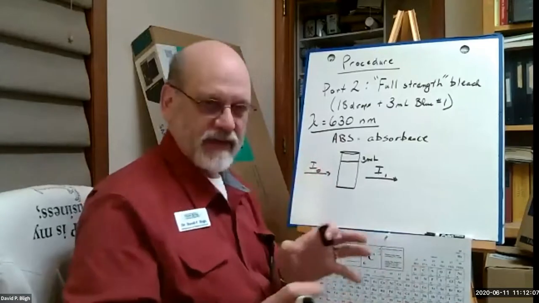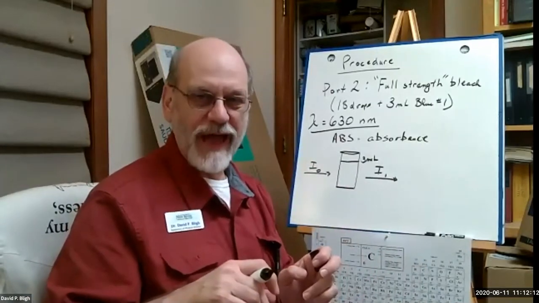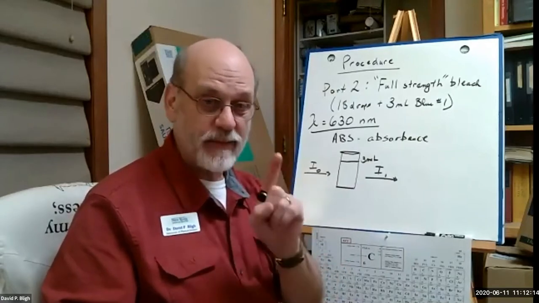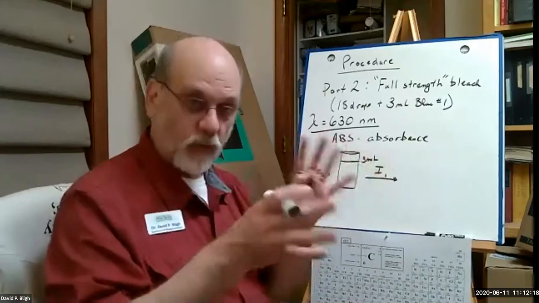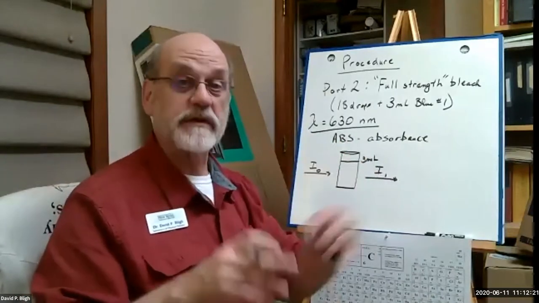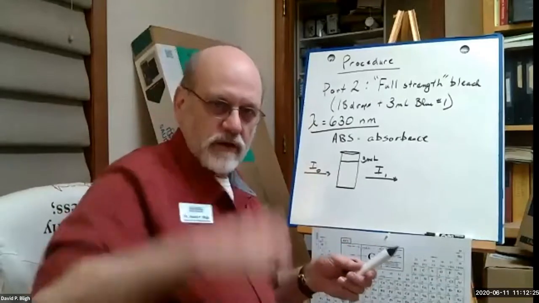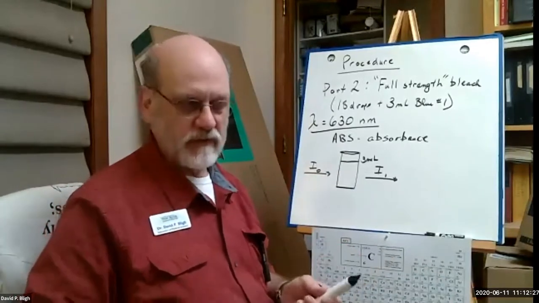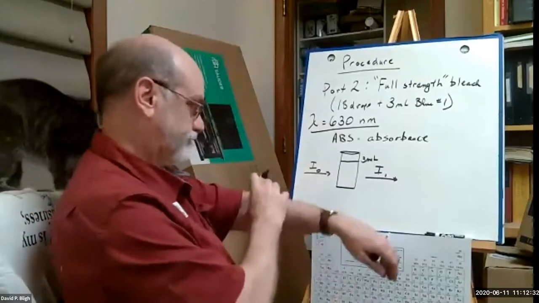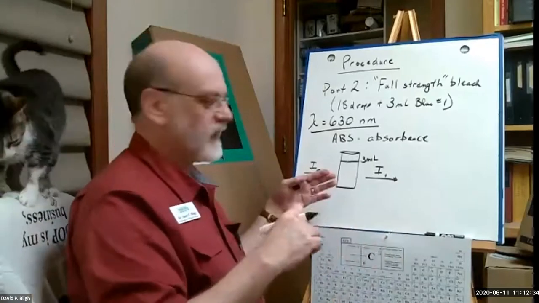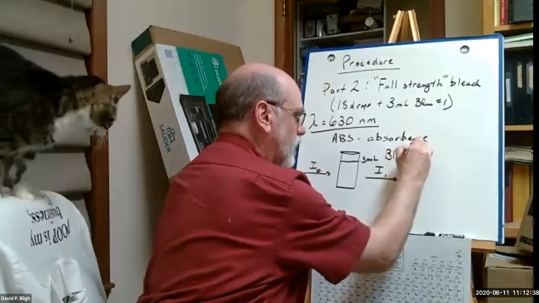Once you blank the instrument with water, you pour the water out of your cuvette and use the exact same cuvette, because they're a little bit different from one to the other. So you don't want to blank it with a different cuvette. Blank it with this one. Then you pour the water out, shake it out real good. You could even cram a Chem wipe down in there and absorb all the droplets. And then you put 3 milliliters of your blue, number 1.